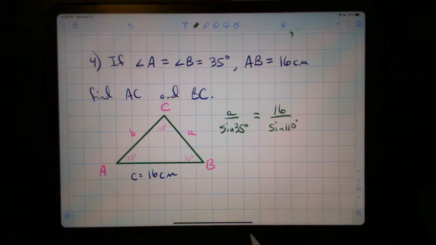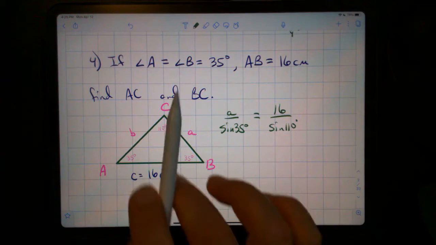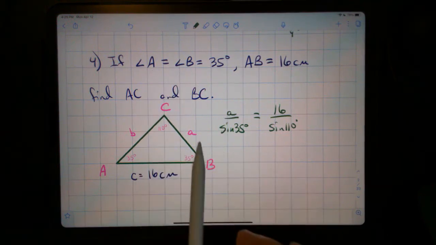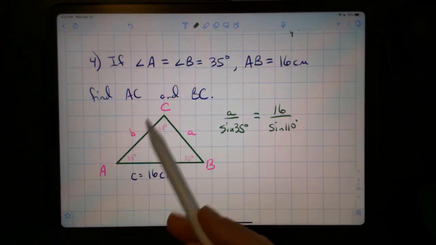This one says we can use a calculator. And since this is an isosceles triangle, this side length will be the same as this side length.